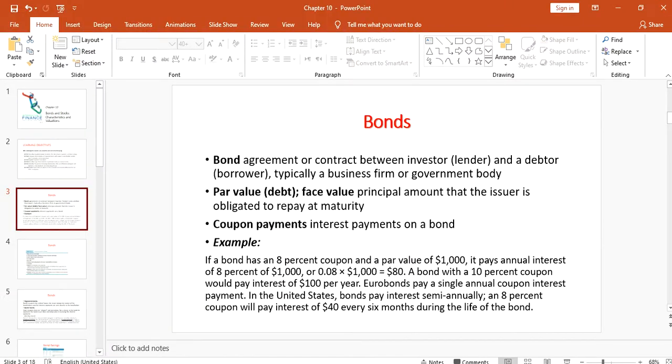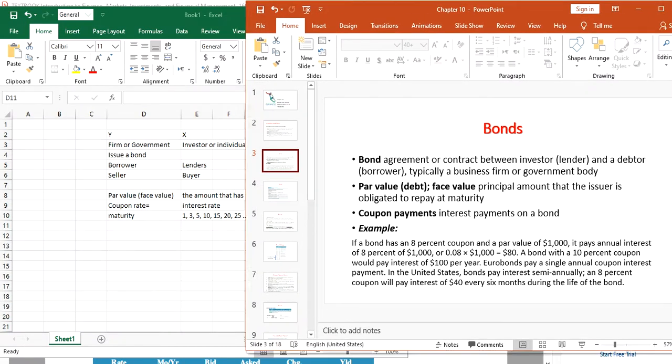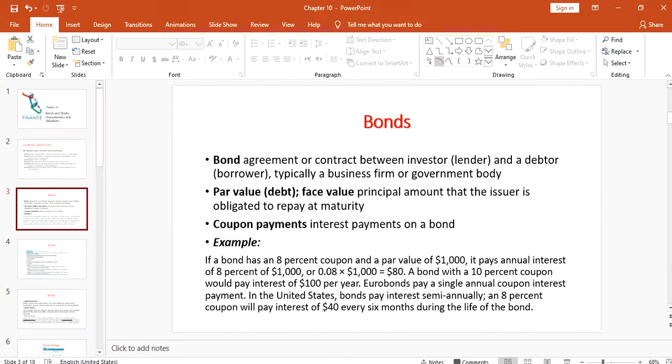So here is one example. This assumes the par value to be $1,000. The annual interest rate or coupon rate is 8%. It means the guy will receive $80 every year. The payments can be annual or semi-annual, actually.